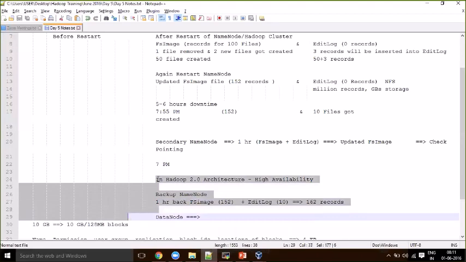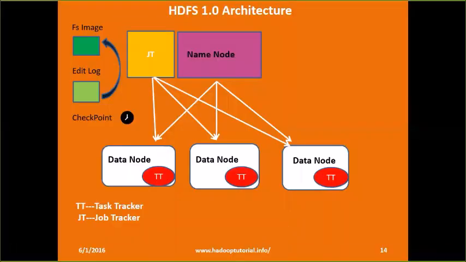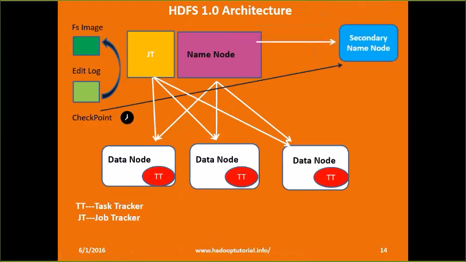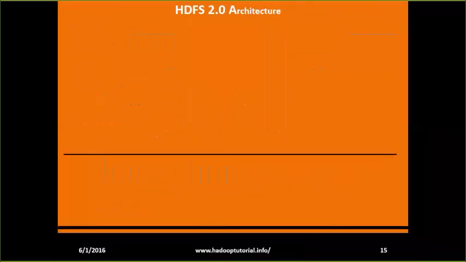So for every 1 hour, this edit log will get merged into the FS image file, which we call checkpointing. That takes place every 1 hour, and this checkpointing is done by the secondary name node.